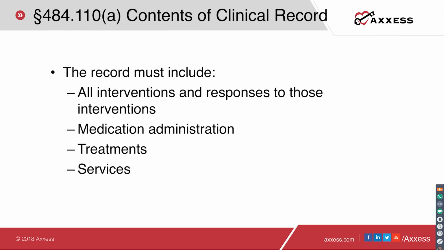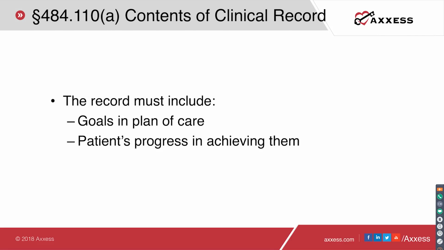And then the record must also include the goals in the plan of care and the patient's progress in achieving them. And we hear this all the time. Your clinical record really should paint the picture of the patient status when you first started seeing them and how they progressed to the status that they are at the time that you're seeing the patient now. And that now includes their goals and the patient's progress toward the goals.